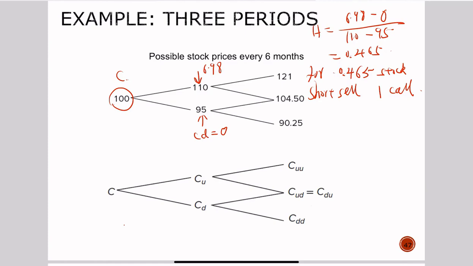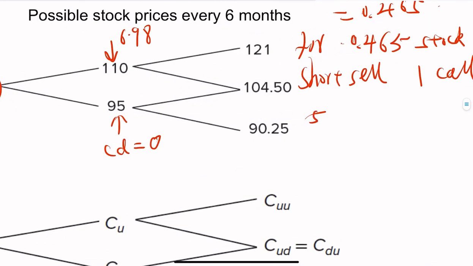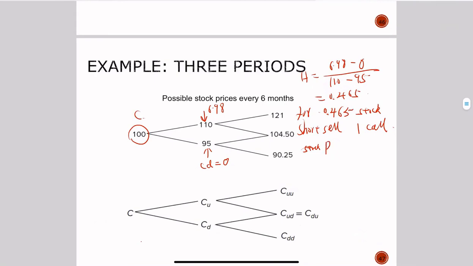So how do we find out the price of the call? Let's again examine the portfolio's value, right? Let's say the stock price is 95. What is your portfolio's value? Well, you have this number of stocks times stock price. What is the payoff from the call? Well, obviously, in this case, the call will just expire worthless because it's out of the money, right? So it's just zero. And in this case, your portfolio's value would be $44.175.